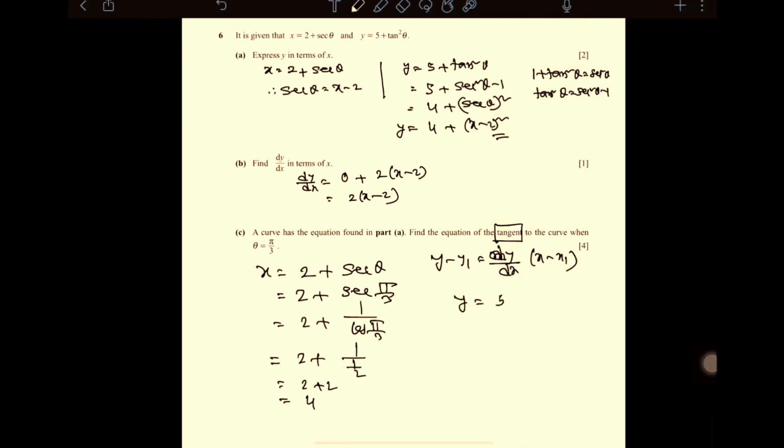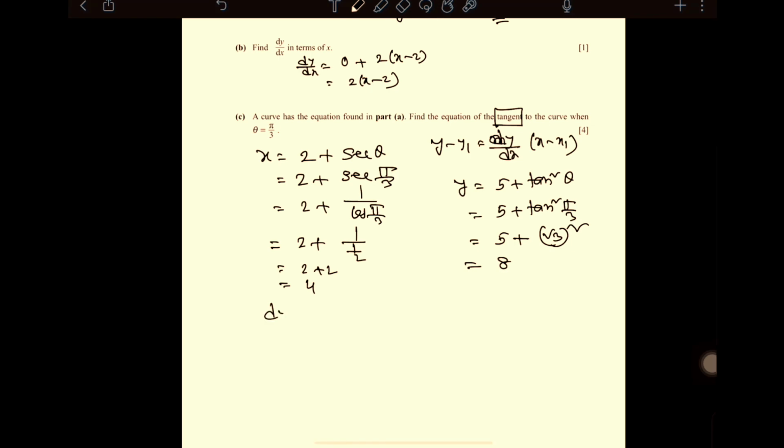y equals 5 plus tan square theta, here theta is pi by 3. 5 plus root 3 square, so it is becoming 8. We know that dy/dx equals 2(x minus 2). So let me substitute x equals 4.